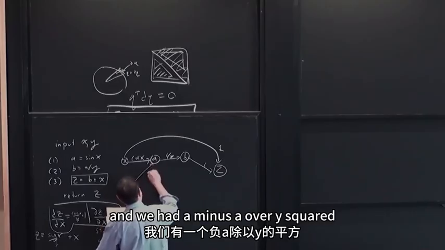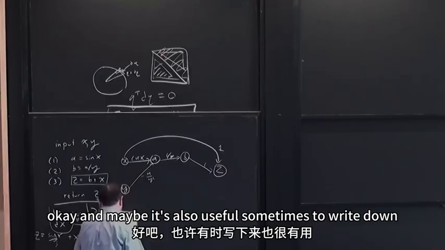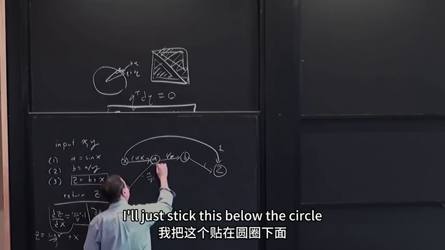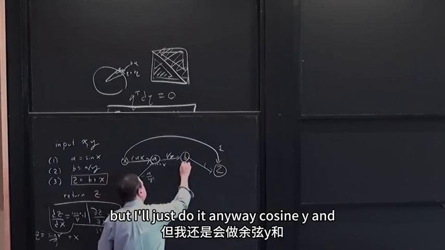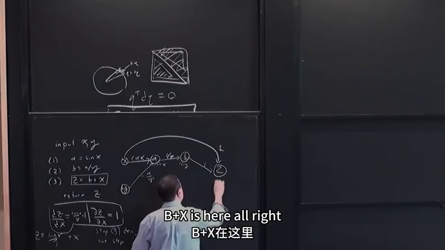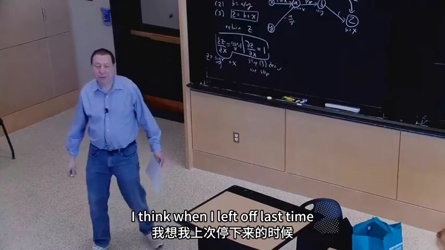And we had a minus a over y squared over here. Okay, and maybe it's also useful sometimes to write down what these things are equal to. I'll just stick this below the circle. I don't know if the printing is too small, but I'll just do it anyway. Cosine y, and b plus x is here. All right, so this is where we were, I think, when I left off last time.